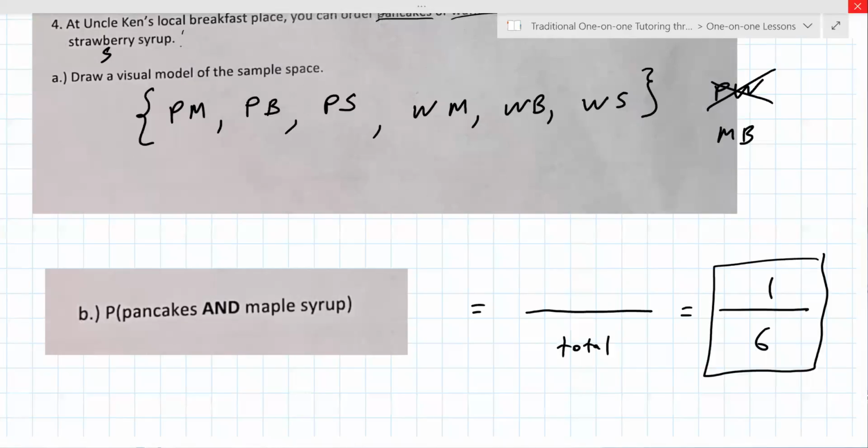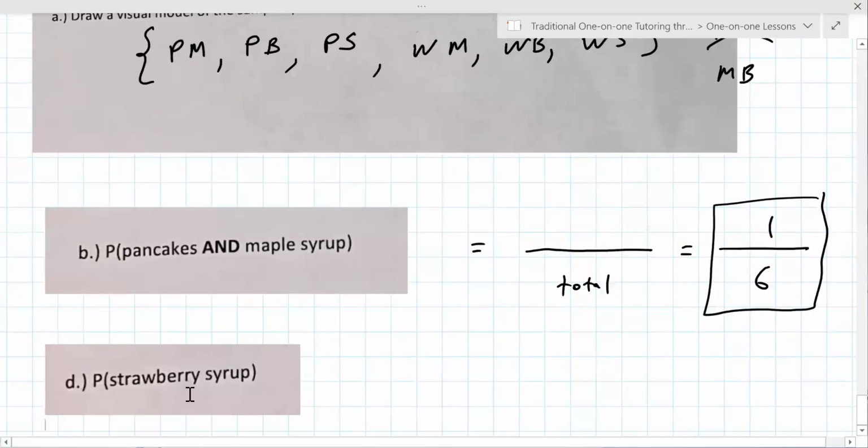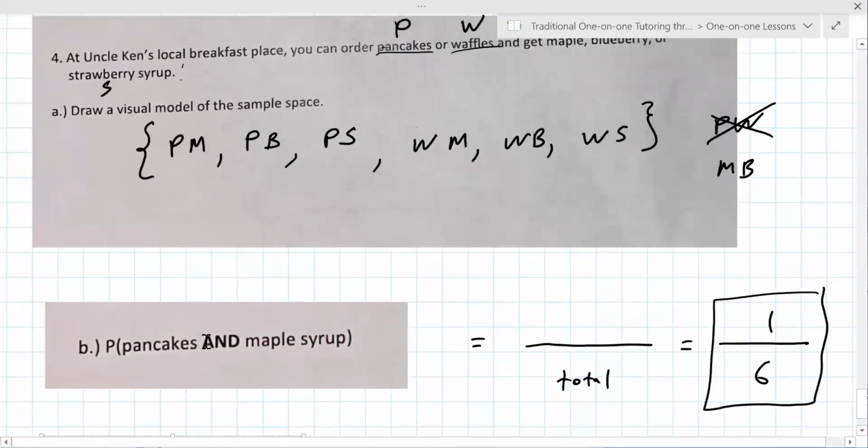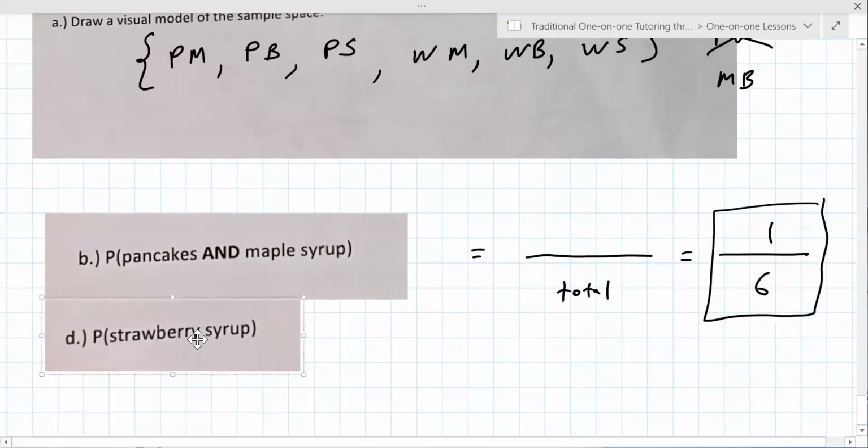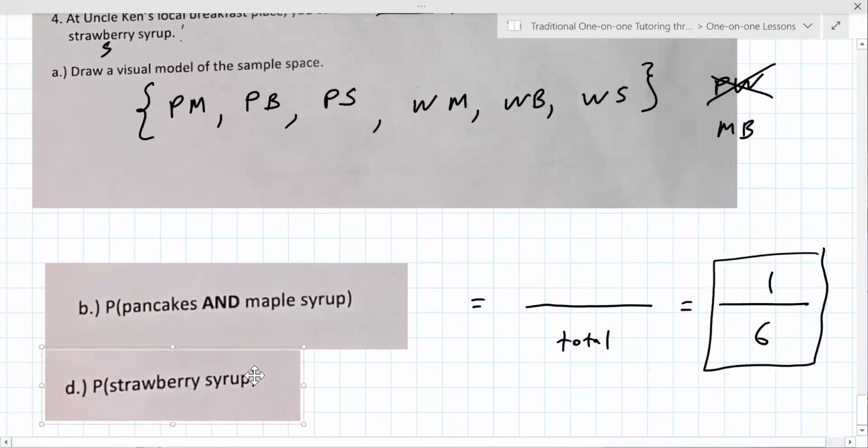We should have done D first. We'll do D next. So this time it's strawberry syrup. Again, it's the number of strawberry syrup options over the total. How many of these up here have strawberry syrup?